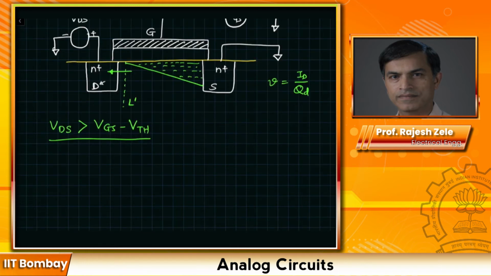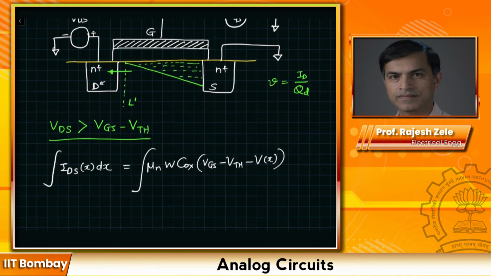So let's come back to our original expression. I'll rewrite it. So pinch off and beyond, we will go from x equal to 0 to x equal to L prime, L prime being this particular dimension here. Bear in mind that L prime is very close to the channel length L. It's just slightly short.